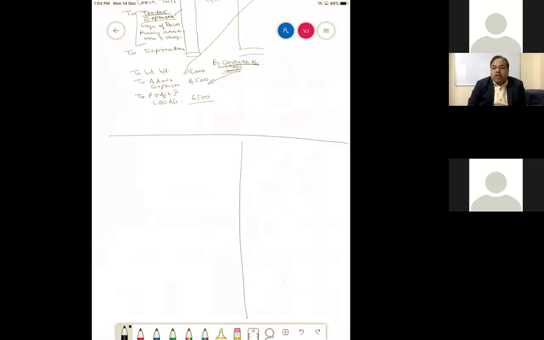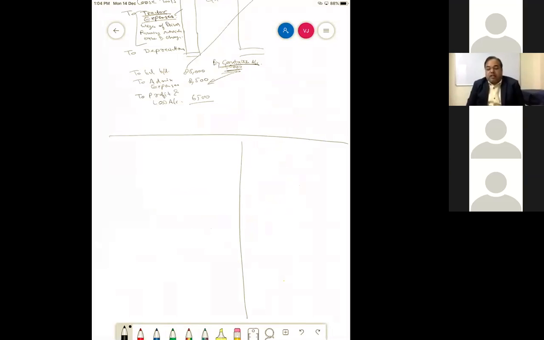And what are the things that are written on your right hand side? That is, if there is any store return, loose tool return, plant return, and what you get is your balance, being work cost, that you carry down, that is, you show it on your right hand side.